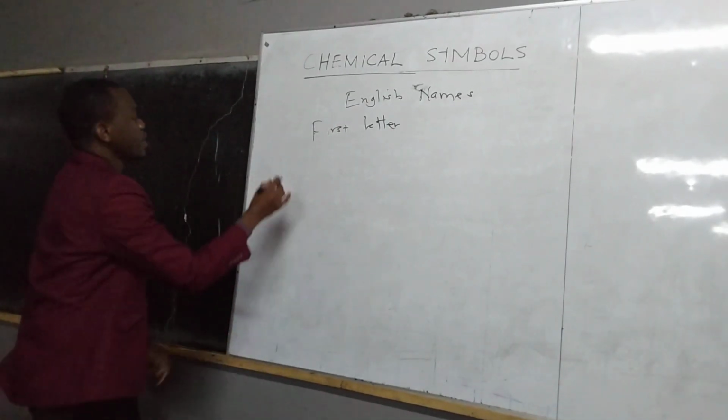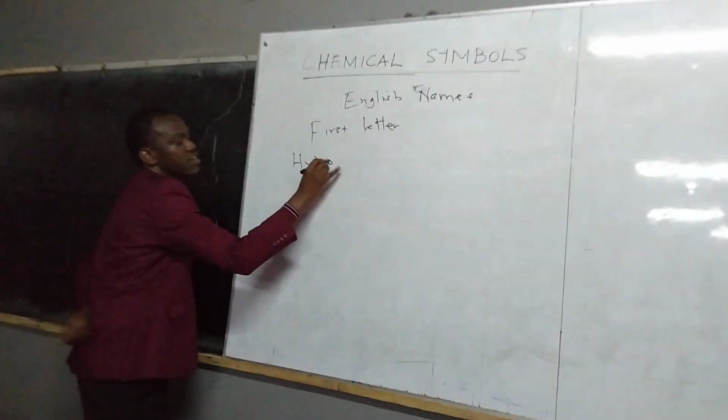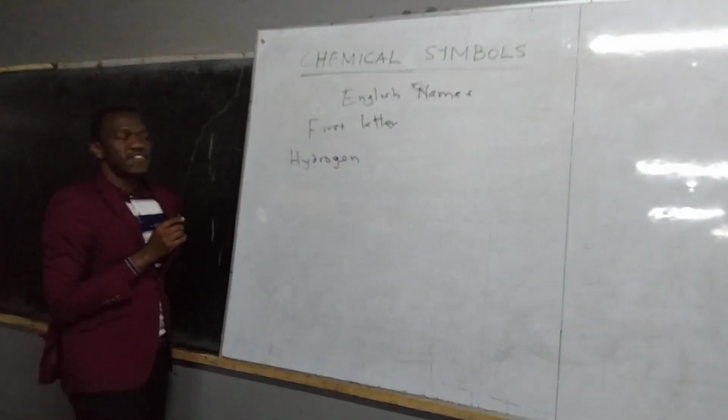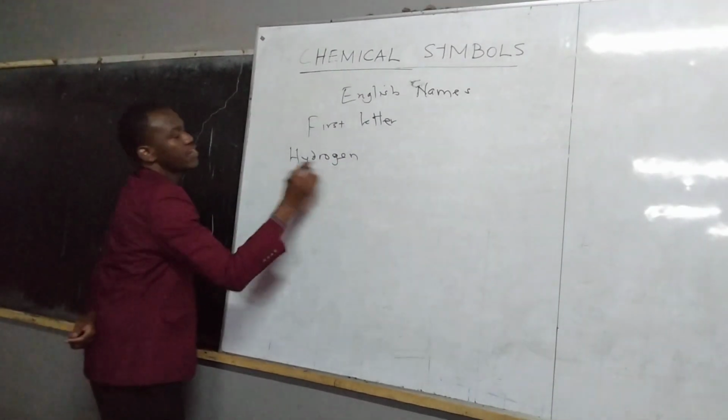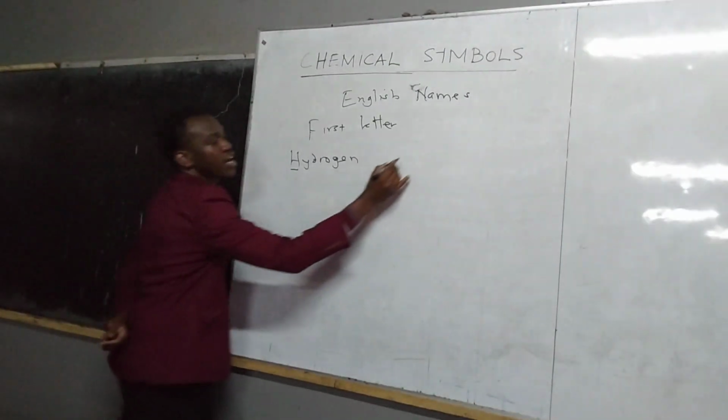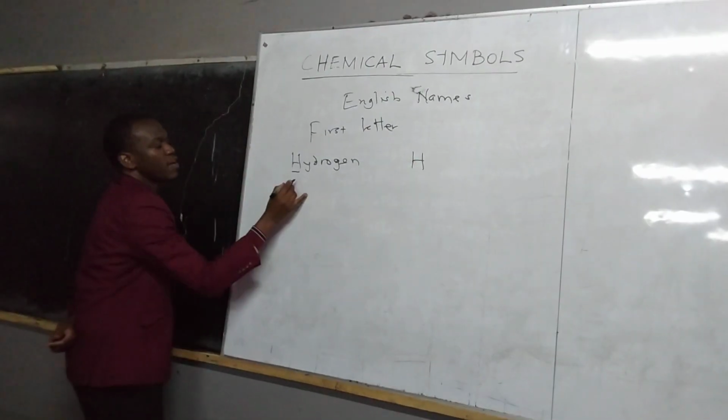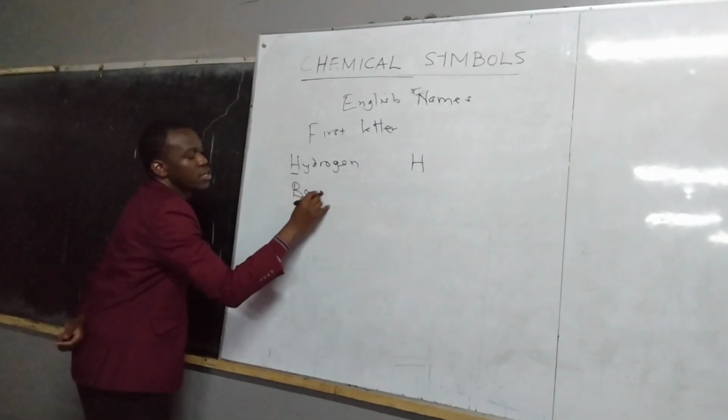Examples I have here: we have hydrogen. Hydrogen is an English name. For the chemical symbol, you take the first letter, so it has a chemical symbol of H. We have another one called boron.